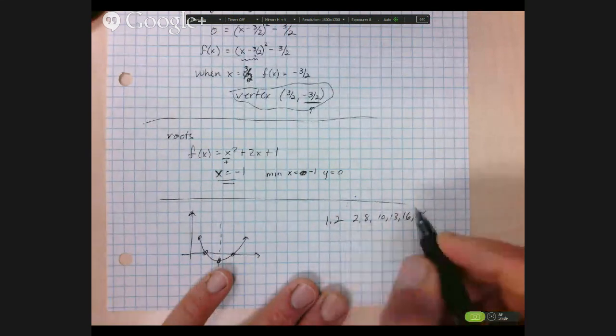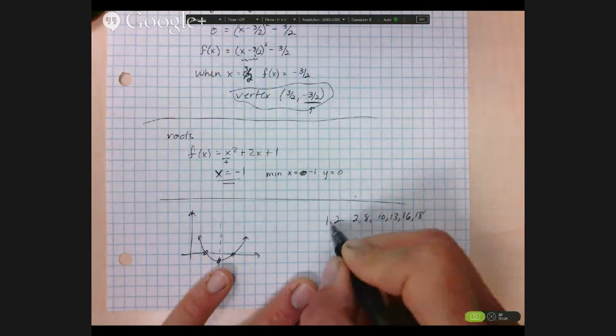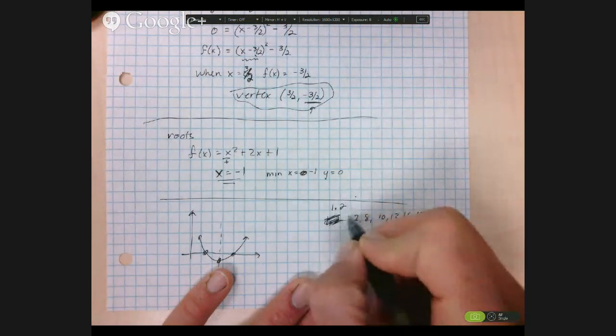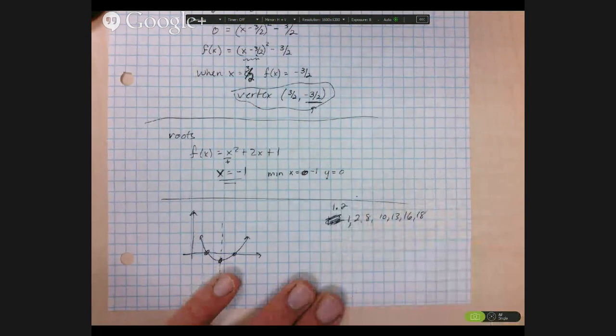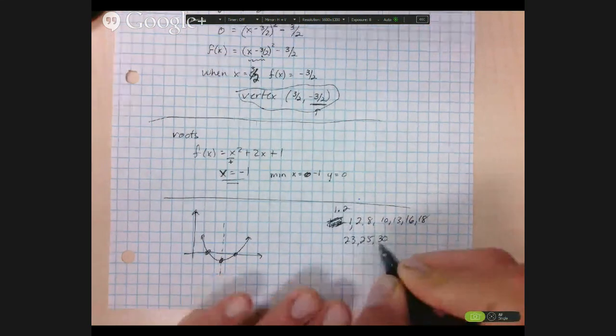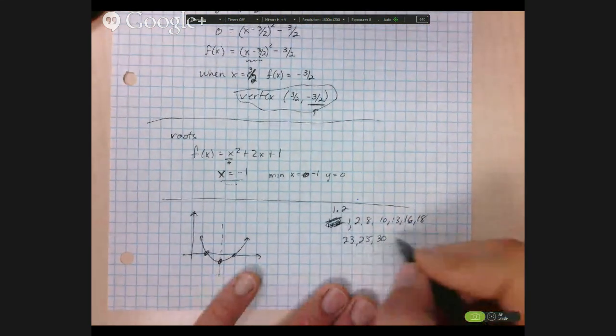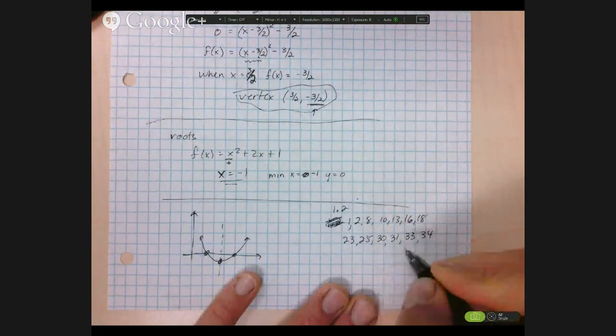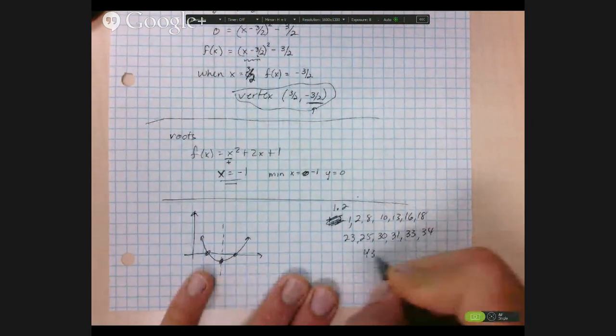This is 1.2: 1, 2, 8, 10, 13, 16, 18, 23, 25, 30, 31, 33, 34, 43, and 51.